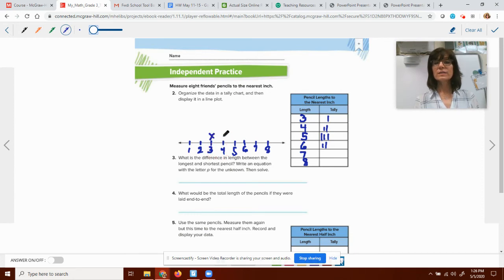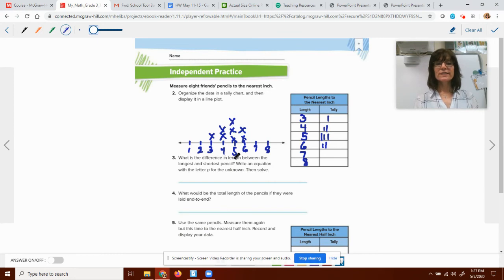I have the frequency. There were 2 for 4. I have 3 for 5. And if you want to use this example, you can. I prefer if you measure your own. And then 6 would be 2. Again, we keep our x's on a line plot uniform, so it's very easy to see.